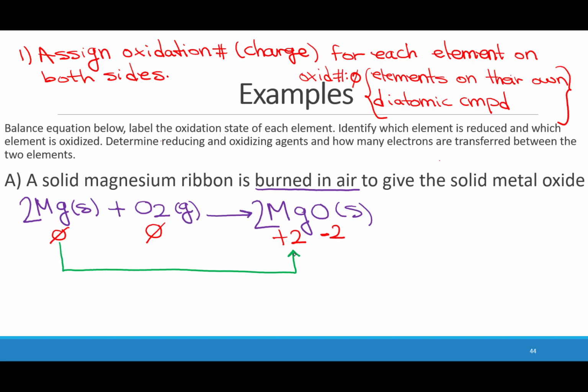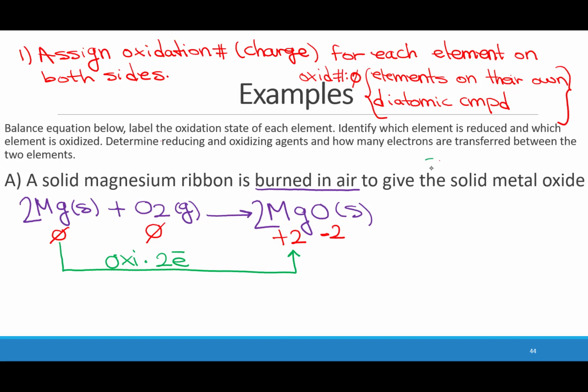When you add electrons to a species, its charge becomes more negative. If you remove the electron from a species, it becomes more positive. Here magnesium went from 0 to +2. That means it's losing electrons. It's becoming more positive. That's why it's getting oxidized. By how many electrons? It went from 0 to 2, or it lost 2 electrons.